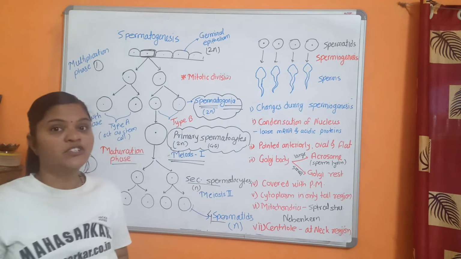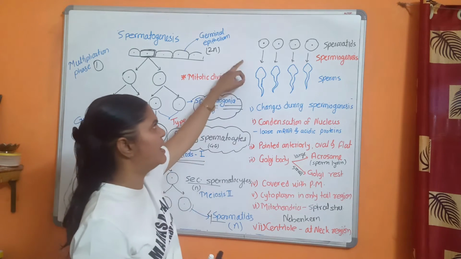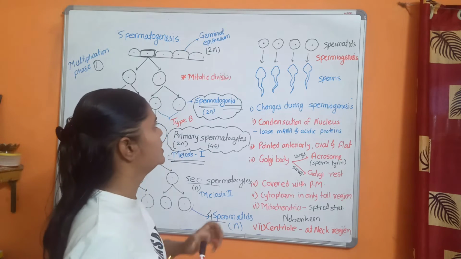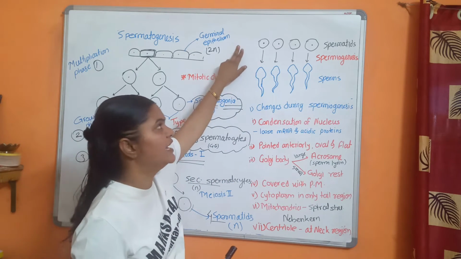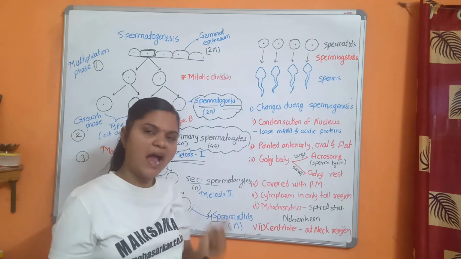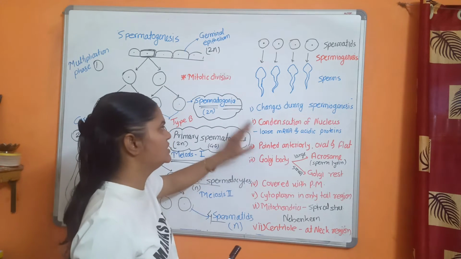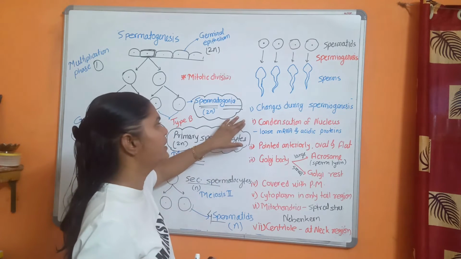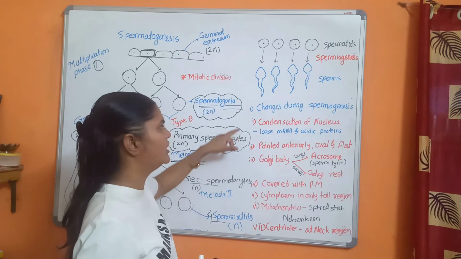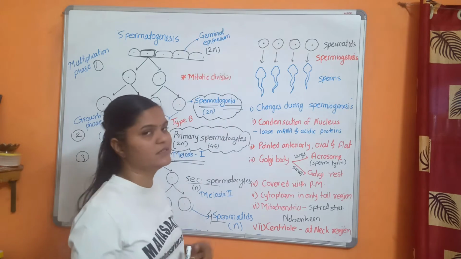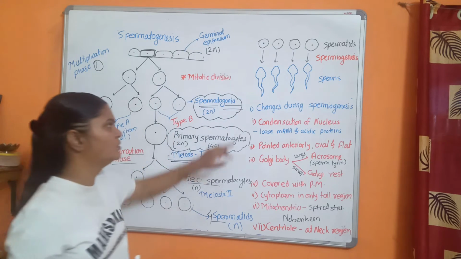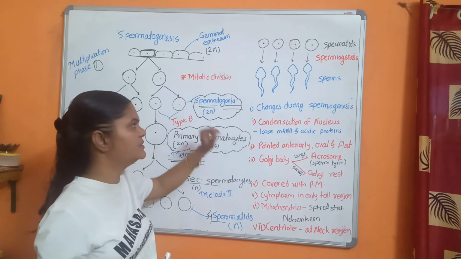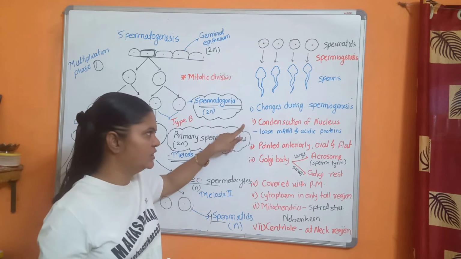The first change that takes place in the spermatid is condensation of the nucleus, in which mRNA and acidic proteins are lost from the spermatid, and only DNA molecules bound to basic proteins remain in the nucleus of the spermatid. So the first change in spermatids for the formation of sperms is condensation of the nucleus.